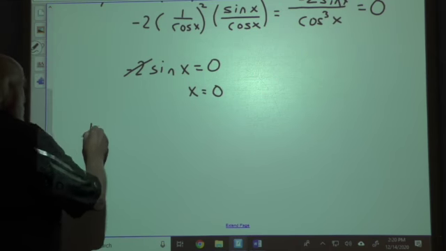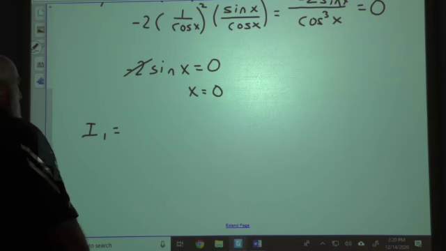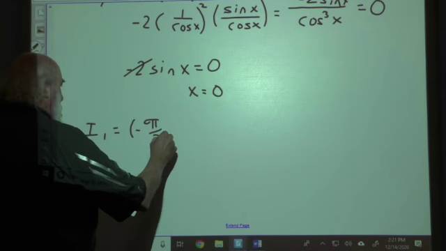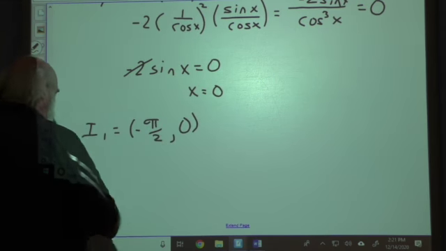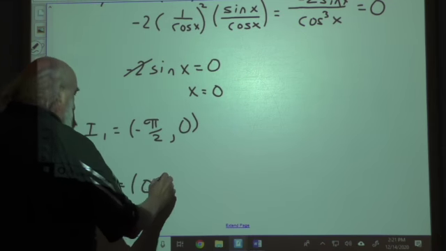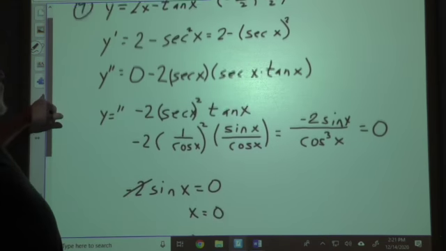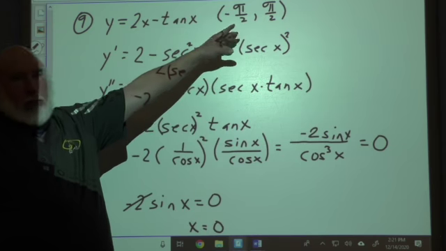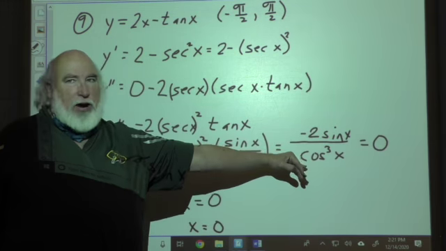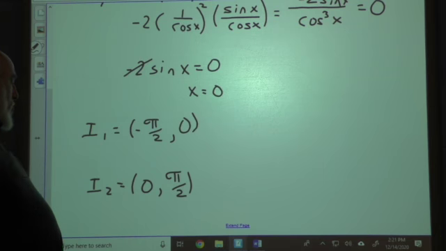So interval number 1 is going to be from negative pi over 2 to 0. And then interval number 2 is going to go from 0 to positive pi over 2. Since those are our limits based upon what the equation tells us right there, those are the same limits of intervals that we could not find a 0 for the denominator there. That's one of the reasons why they chose this.